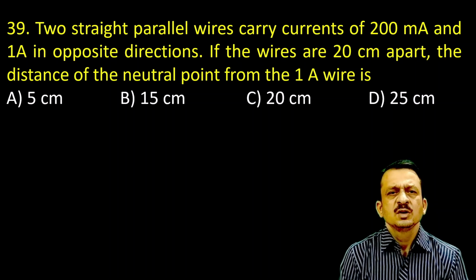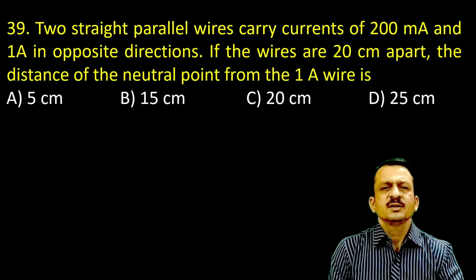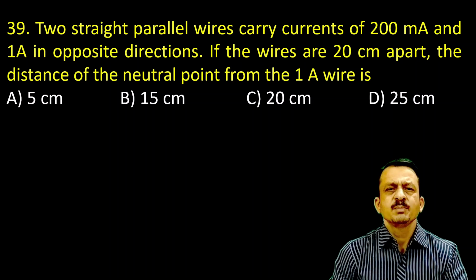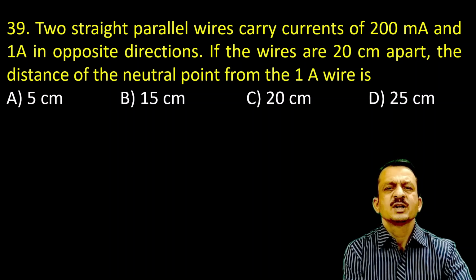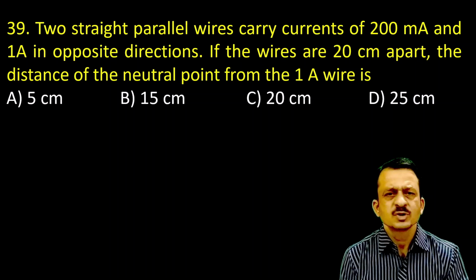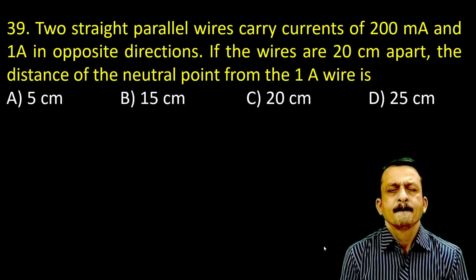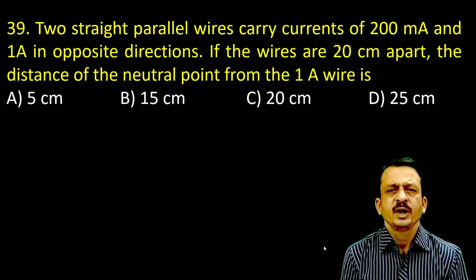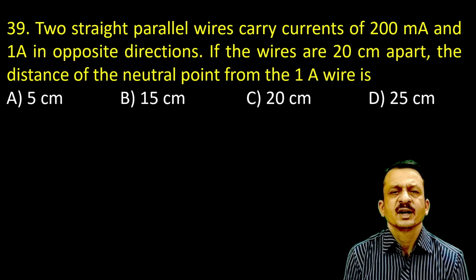Okay, so without solving this one, by simply a theoretical concept, we can easily work out what is the value of this one. Now, since the currents are in opposite direction, therefore the point should be outside the two conductors.